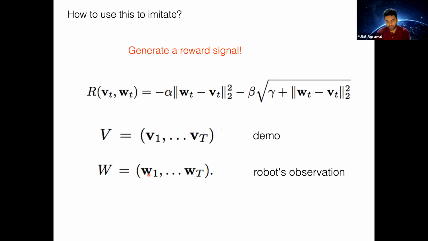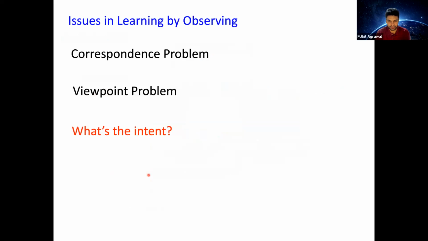This is what was pointed out by, I think, Dhruv on the chat window. So instead of actually copying frame by frame, what you want to do is to infer the intent, or what it is that the agent is trying to do, and then I can go and perform the task.